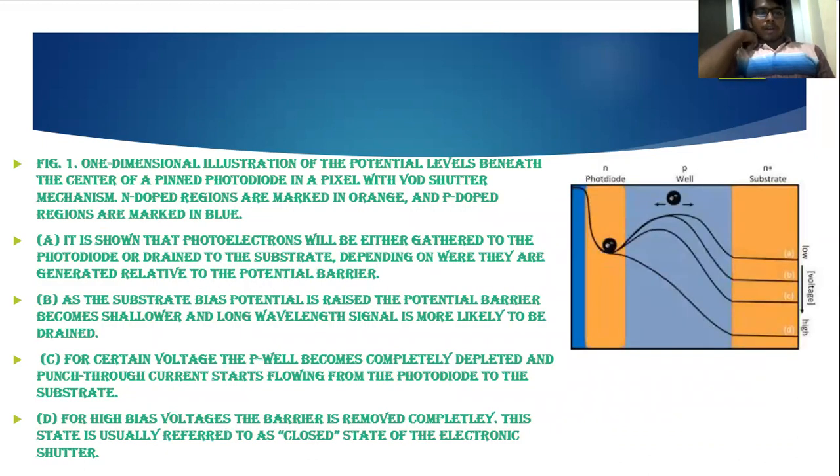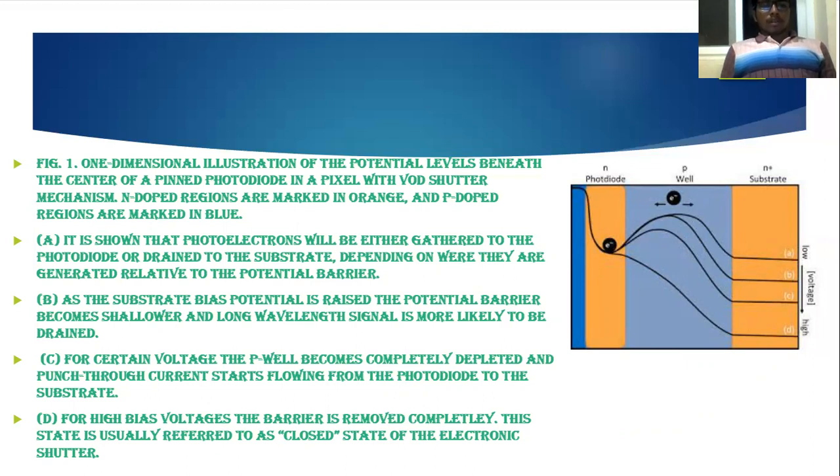Figure 1. One-dimensional illustration of potential levels beneath the center of a single photodiode in a pixel with VOD structure mechanism. N-doped regions are marked in orange and P-doped regions are marked in blue. It is shown that photoelectrons will be either gathered to the photodiode or drained to the substrate, depending on where they are generated relative to the potential barrier.